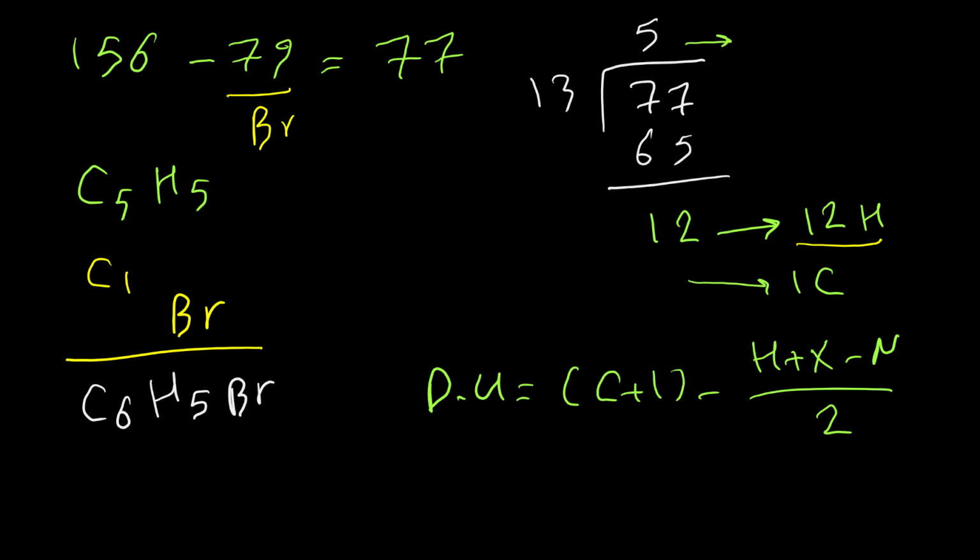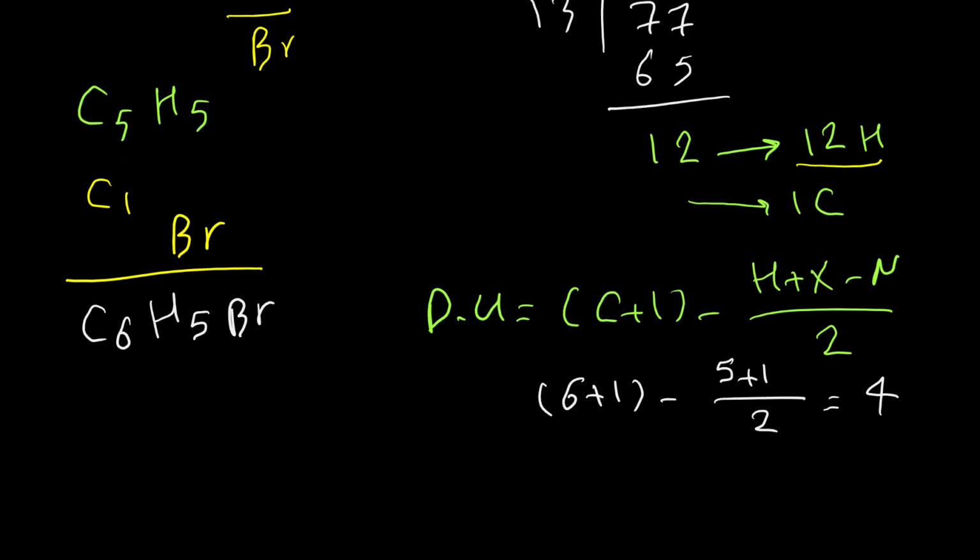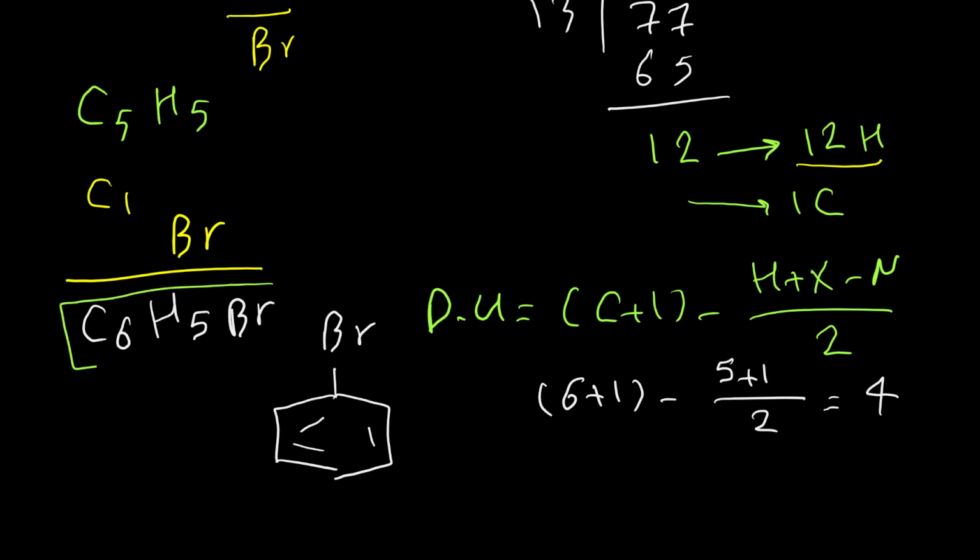If I calculate the degree of unsaturation, 6 plus 1 minus number of hydrogen, which is 5 plus 1 bromine, the answer is 4. And this is the structure for this formula. It is bromobenzene.